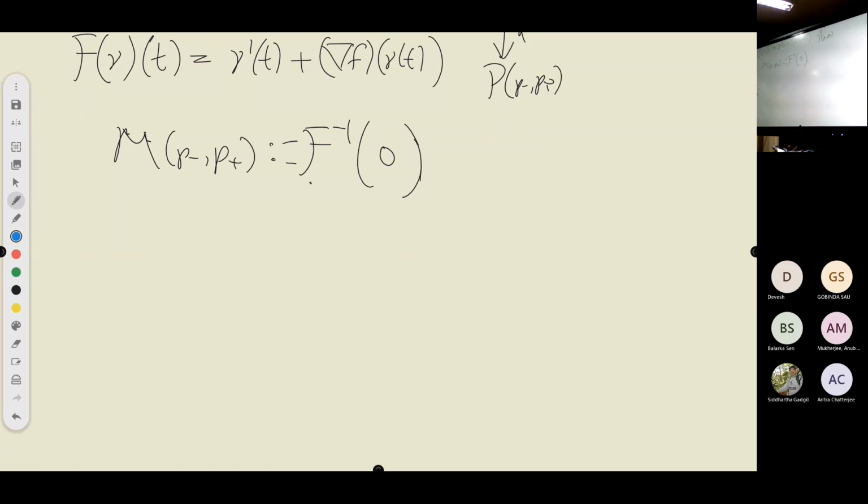Okay, but one upshot that I do want to mention is that we've got a topology on this moduli space now, because your space of paths has a topology on it.